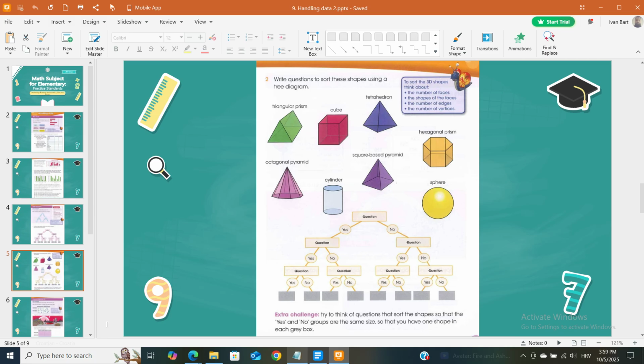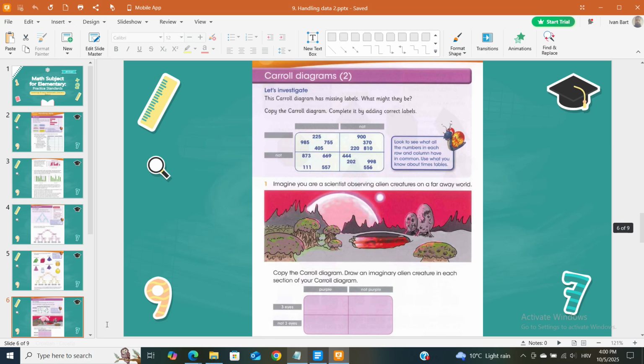Extra challenge: try to think of questions that sort the shapes so that the yes and no groups are the same size, so that you have one shape in each gray box.